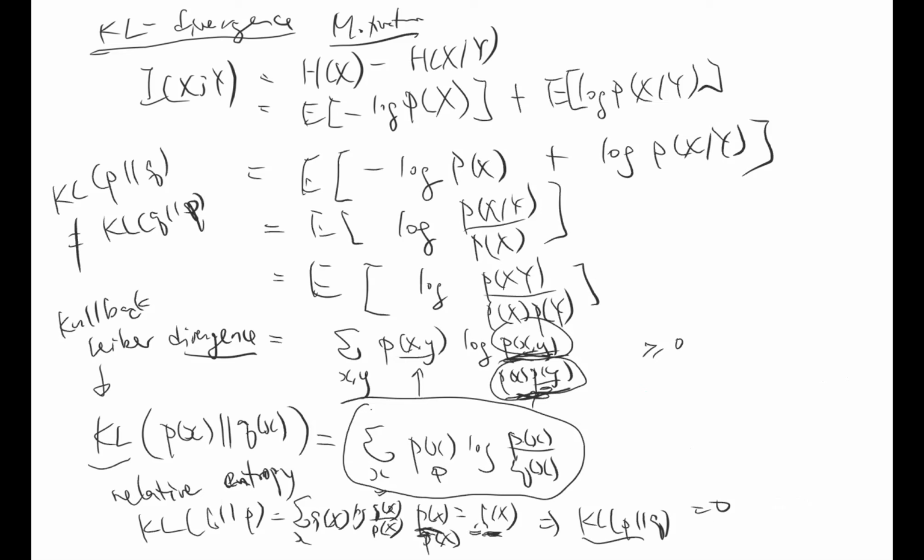If p(x) is not equal to q(x), then the KL-divergence will always be bigger than 0. So we really have to favor it as a distance: if the two things are not the same, the KL-divergence will be non-zero.